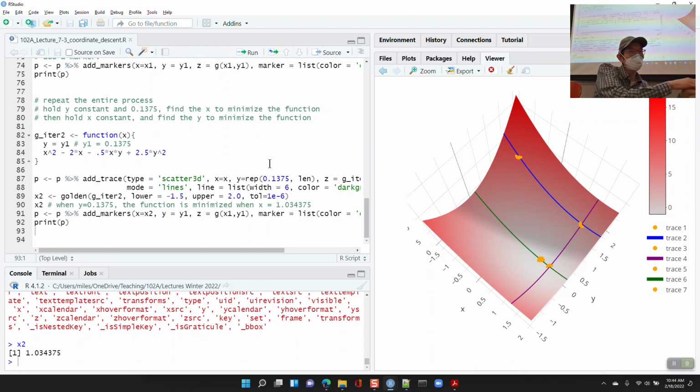So if your change in x and your change in y are both less than, say, 10 to the negative 5 or whatever, you can say, all right, we've reached a point where we can stop. Or you can say the value of the function at your current location and the value of your function at your previous iteration, if the change in the value of the function itself is also less than a certain thing, you can stop there. So lots of things you can use as a termination condition.